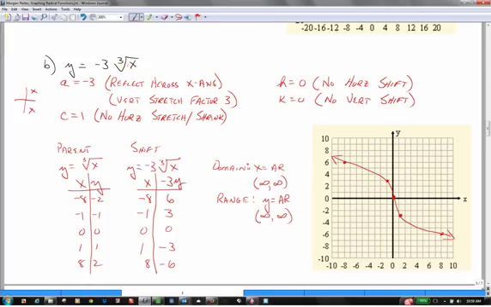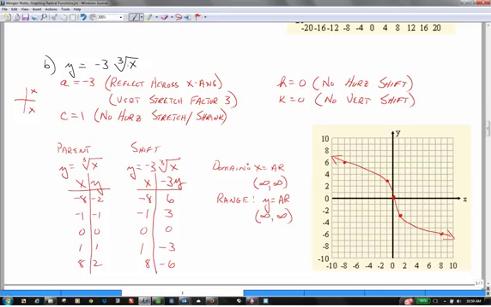So what I'll do is I'll make my parent cube root table, right? So here are my parent values, -8, -1, 0, 1, and 8 for x, and then I can figure out what my y's are. We'll do the same thing all the time for a cube root. And then there are no changes in the x, but the y is going to multiply by the a value, so it's -3 times y.